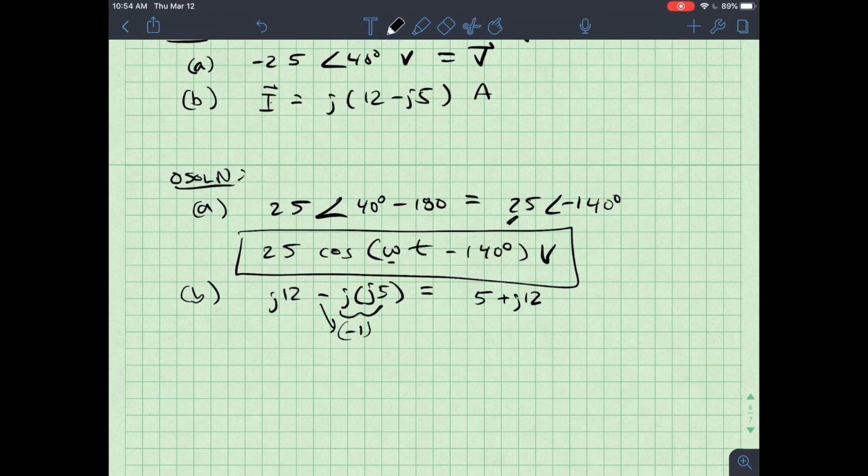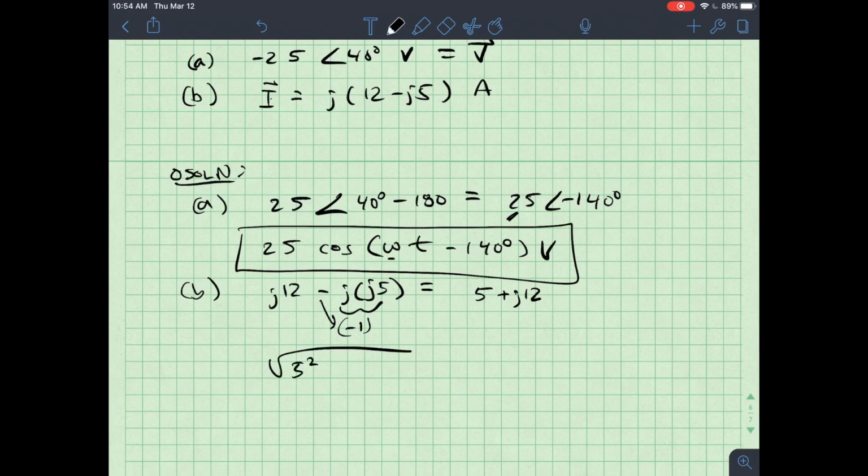All right, to convert this into normal polar phasor form, I'll take the square root of 5 squared plus 12 squared, and angle inverse tangent of 12 over 5, and that gives me 13 angle 67.38 degrees.